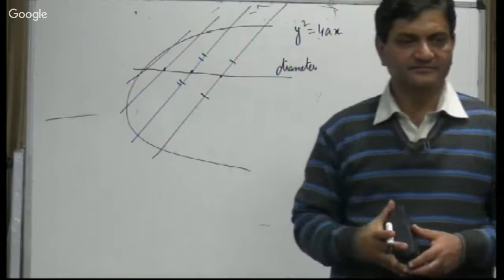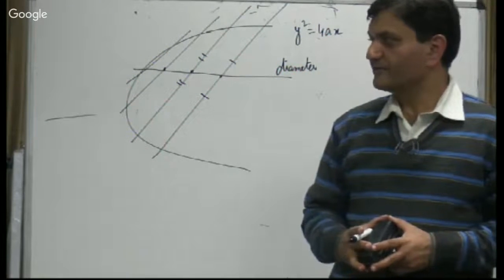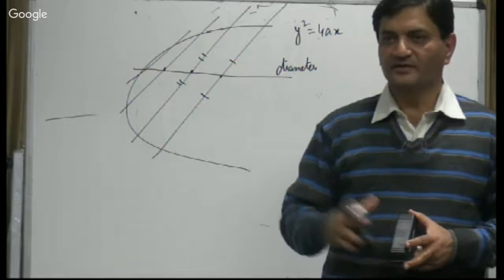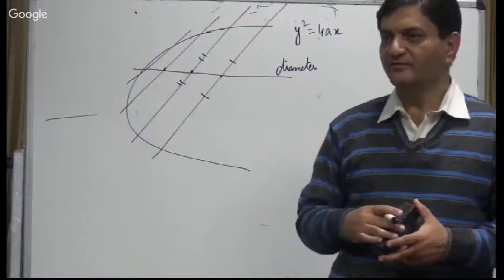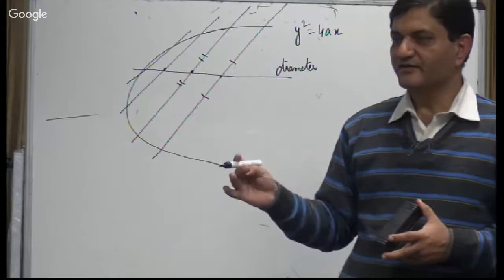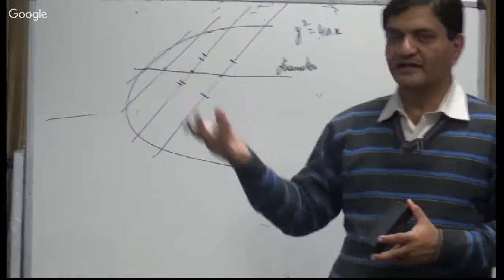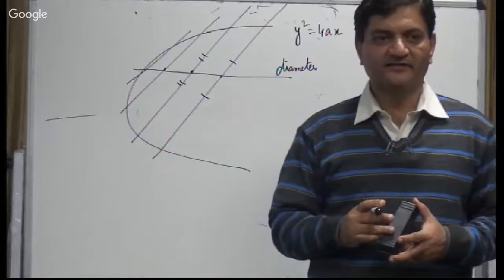Is that clear? Now, quickly for y square equal to minus 4ax, you write down the coordinates of focus, vertex, equation of directrix, eccentricity is 1 in all cases, and the length and the equation of latus rectum.